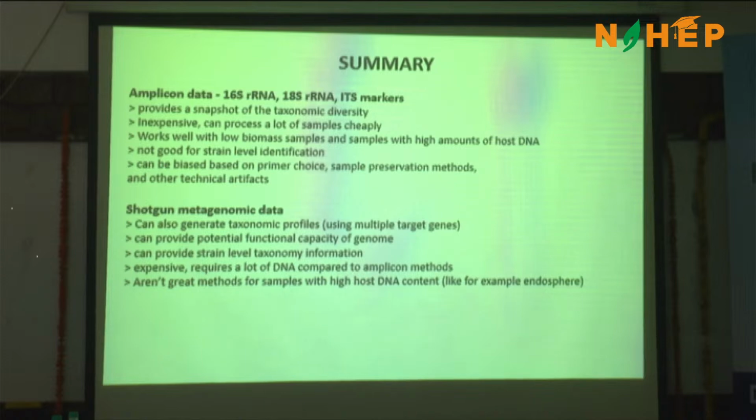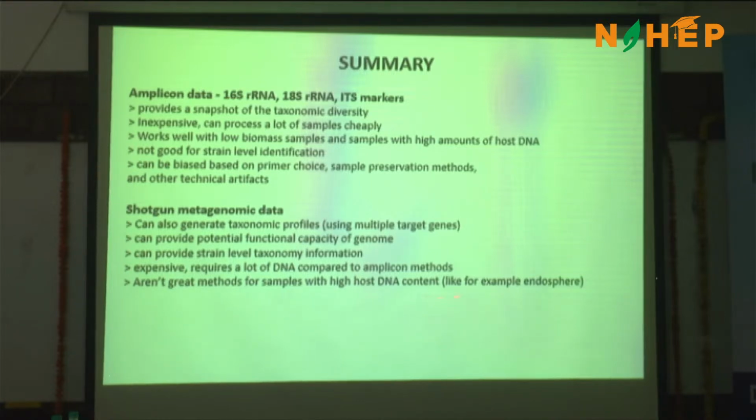Problem, of course, there is always a problem. It's expensive. It's quite expensive as compared with 16S amplicon, and you have to see if it's worth it for your research question.